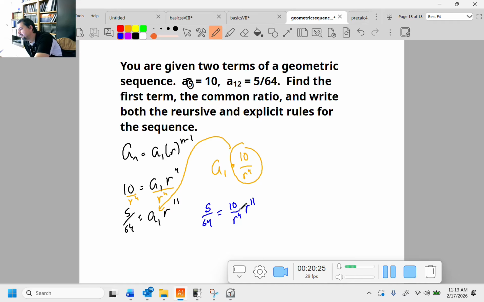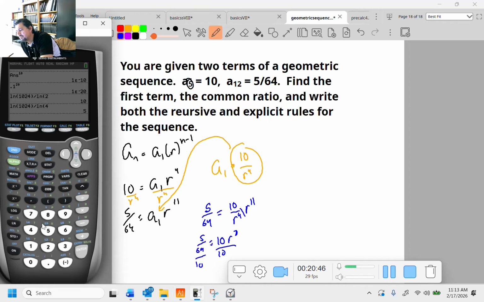Let's clean this up. You got that r to the fourth over r to the 11th. That's r to the 7th. 5/64 equals 10 r to the 7th. My r's in the wrong spot. R to the 7th. Do a little division. We're dividing 5/64 by 10. That would be 5/640, which will reduce. I'm just too tired right now to do it.